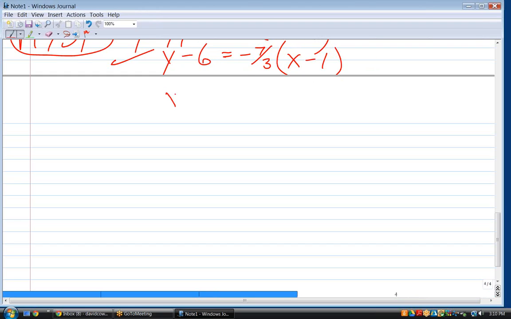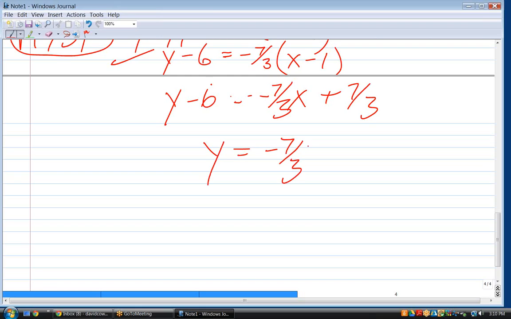In other words, we would have y minus 6 equals minus 7/3 x plus 7/3, and then when I move the 6 over, I get y equals minus 7/3 x plus 6 plus 2 1/3, which is 8 1/3. So this would be slope-intercept format.